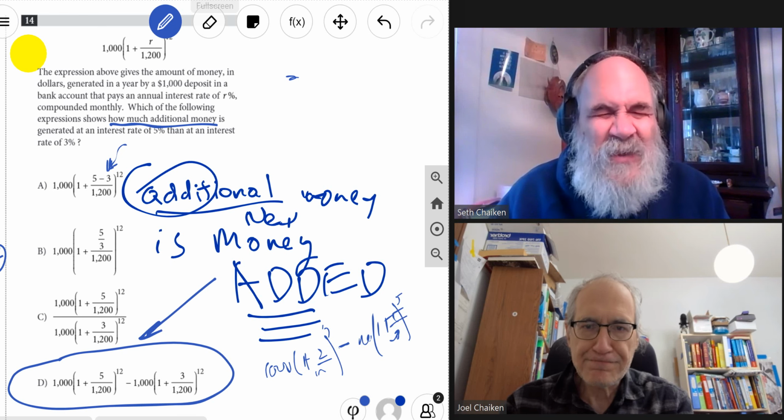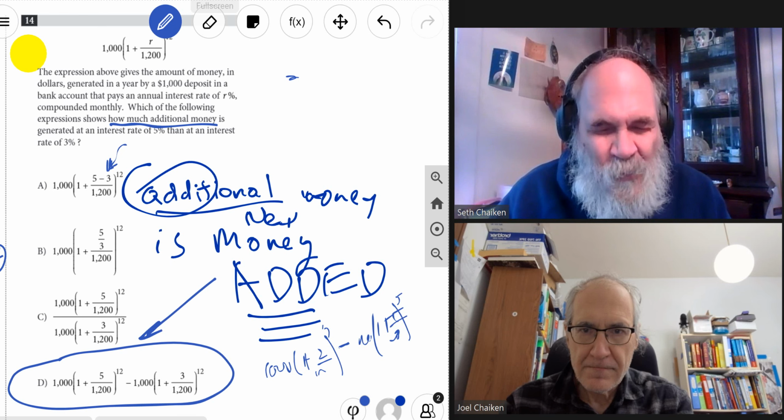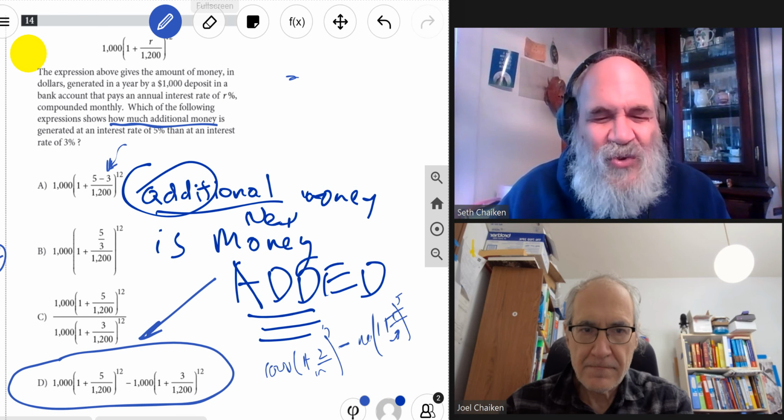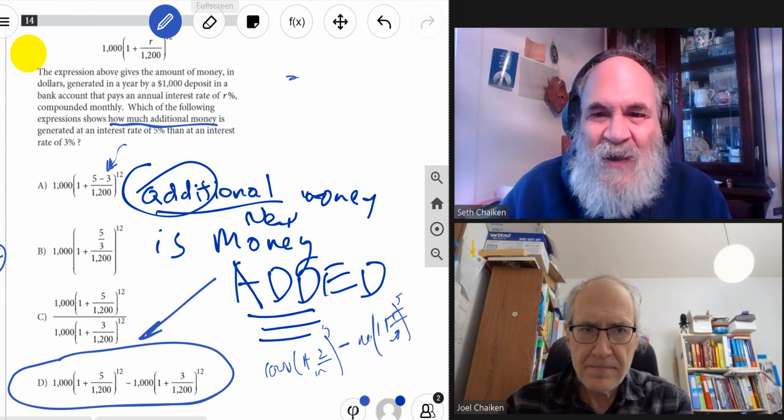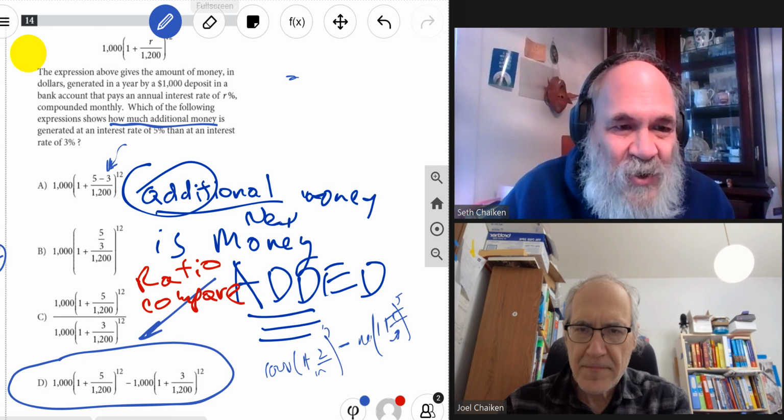But there's another way of comparing things: what is the ratio of the new quantity divided by the old quantity? And that ratio comparison is what's given up here. This is a ratio compare.